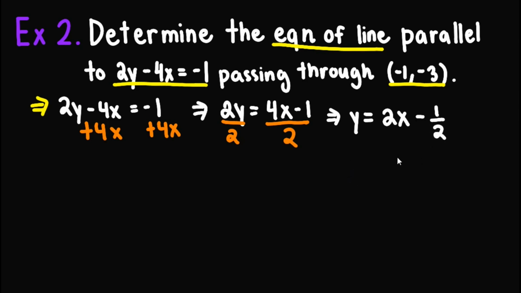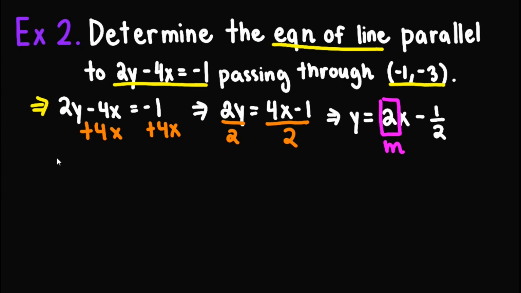Upon obtaining this, again, note that what we need is the slope. And since this is already in the slope-intercept form, we know that this out here is the slope of the line. So we know that the equation of the line parallel to the given equation must also have a slope of 2.